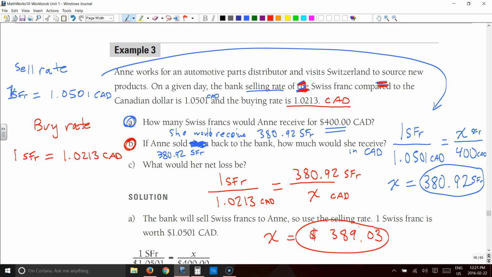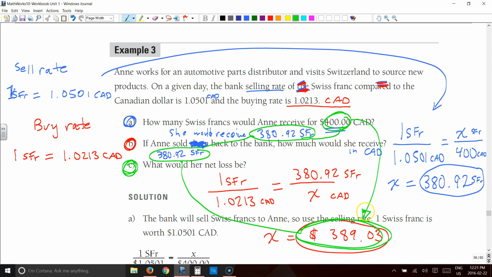Now finally, in C, we want to know what is her net loss. So she started with $400. She converted that $400 into francs. Then she took that francs, 380.92 francs, and turned it back into Canadian dollars. She started with 400, and she's ended up with 389.03.